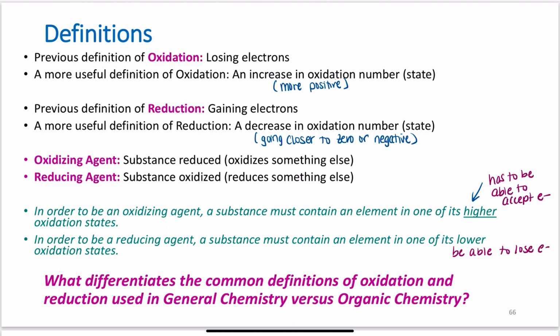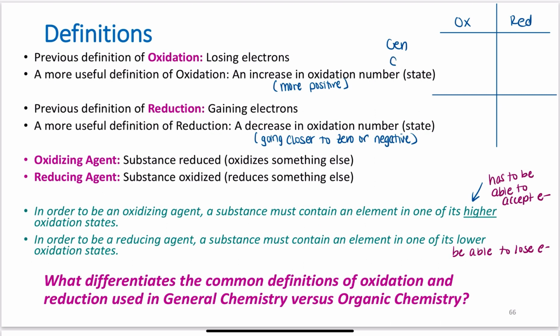And then what differentiates the common definitions of oxidation and reduction used in general chemistry versus organic chemistry? If you're not going on to organic, you're not going to deal with this, but if you do, you're going to see this happen. So let's go ahead and define the difference. Fundamentally, oxidation reduction is the same thing, but we look at it from a different perspective. So, oxidation versus reduction.